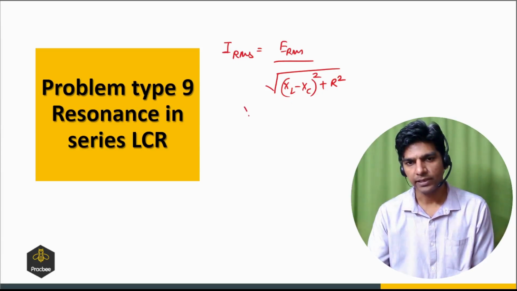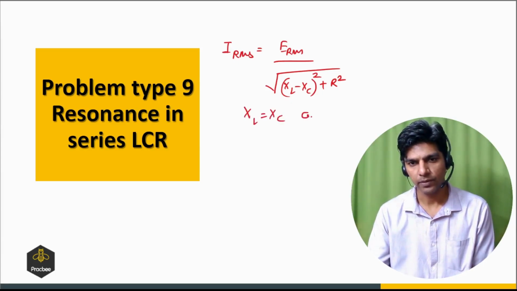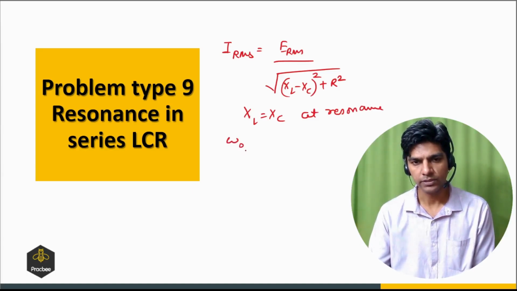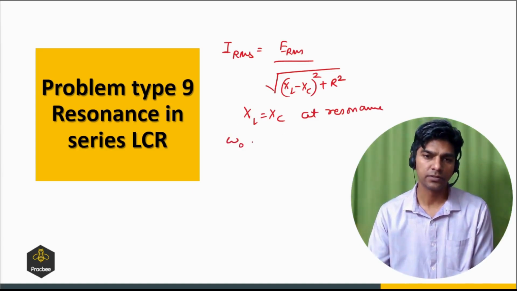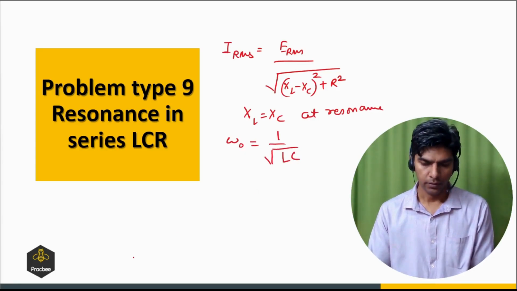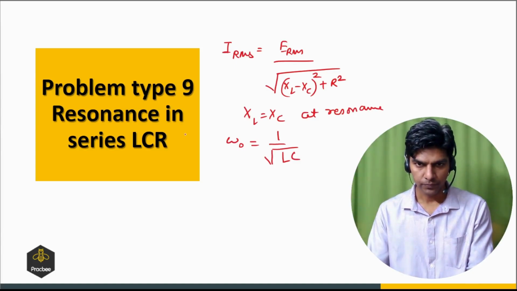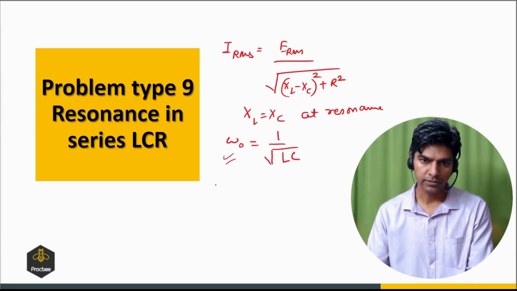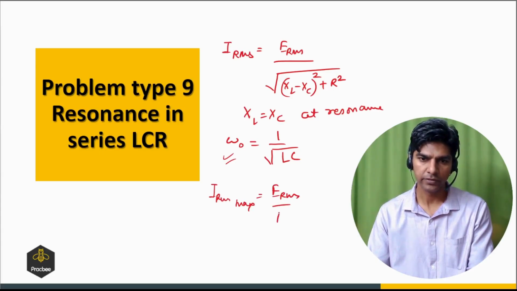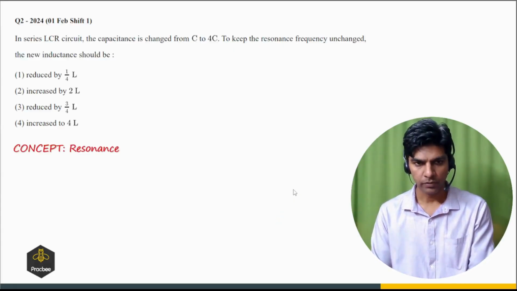So we can say XL will be equal to XC at resonance, and from this the resonating frequency, the frequency at which we are getting resonance, will be 1 by root LC. So this concept we have to remember, and at this particular frequency the IRMS current will be maximum, and that will be ERMS divided by R. Okay, let us see the question.